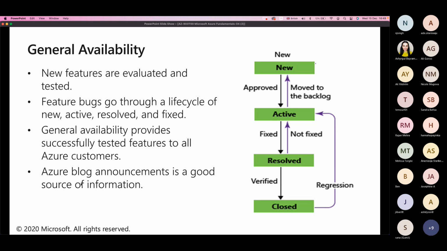General availability provides successfully tested features to all Azure customers, so everyone gets those, and Azure blogs announcements is a good source of information to go and see what's going on, with the recommendations there, where people are actually giving more details.